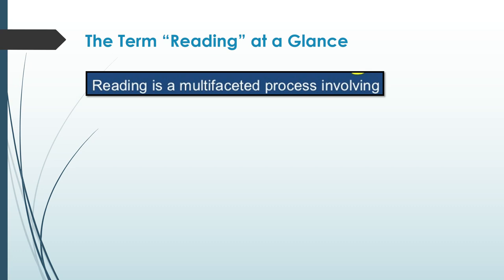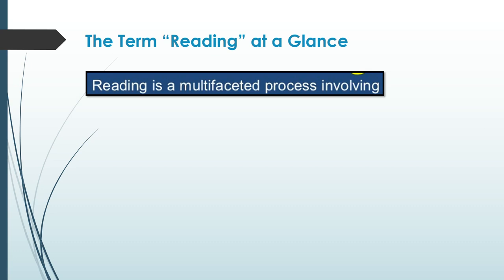Earlier it was considered that reading is a passive skill, in comparison to writing and speaking. It is not that active skill. But recent studies have revealed that the reading process is quite a complex process.